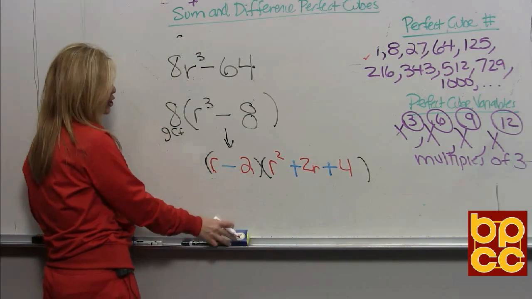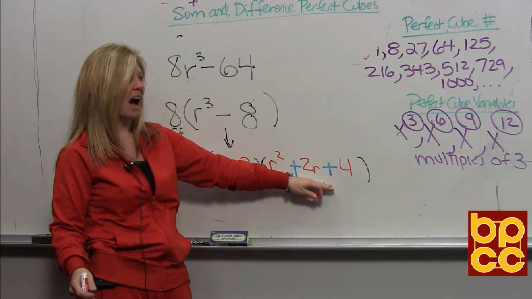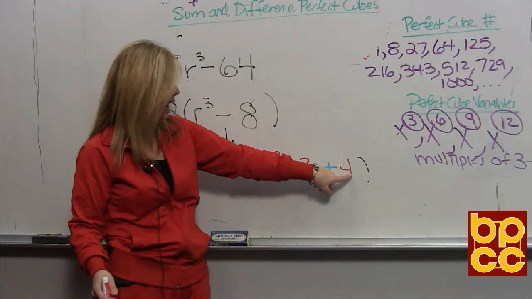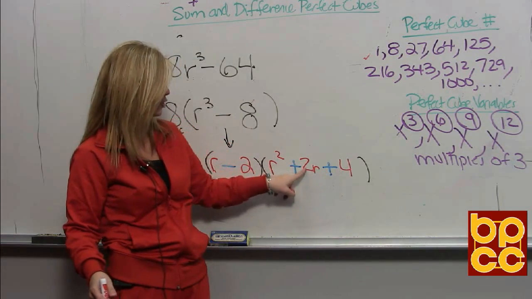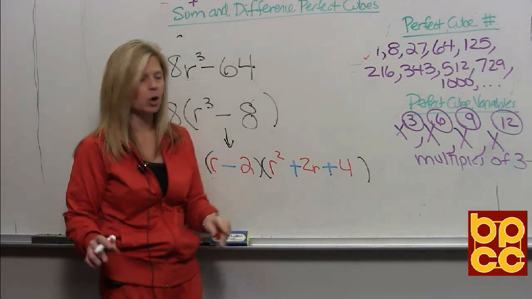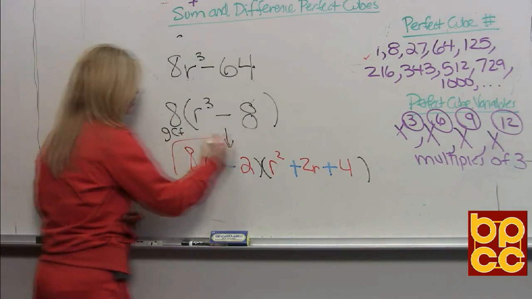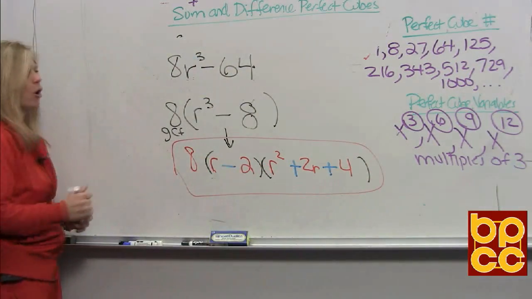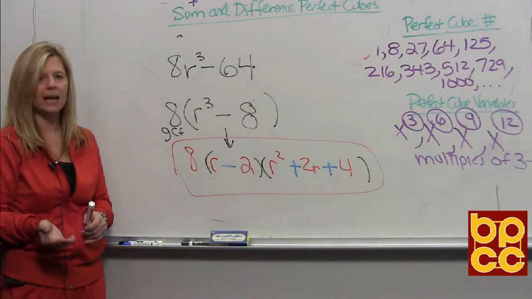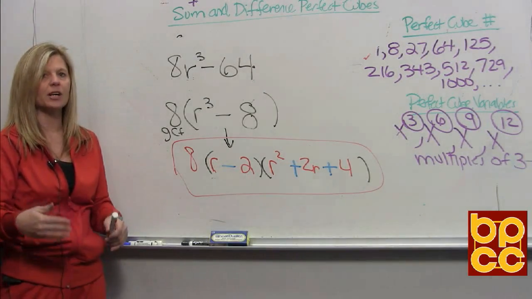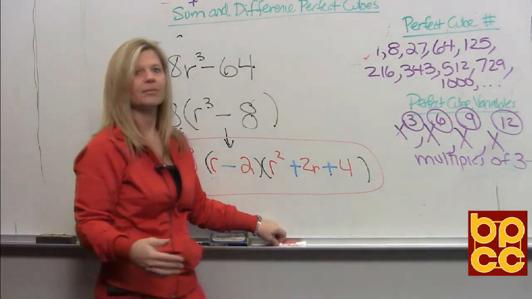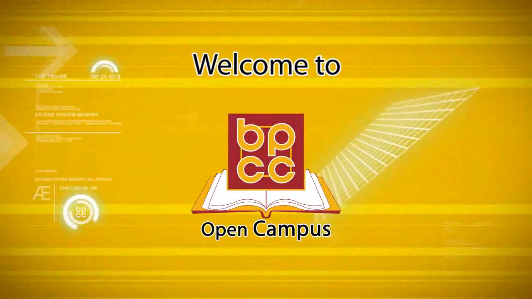You know because you did the cube rule, that trinomial will not factor anymore. You cannot multiply to 4 and add to 2. So we know that's in lowest terms. Don't forget the GCF, which was 8. So this whole expression is connected by multiplication, which means you have factored it completely. Thank you.